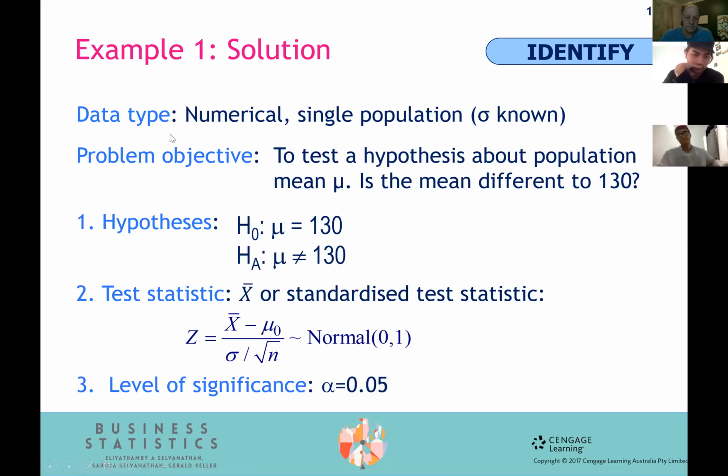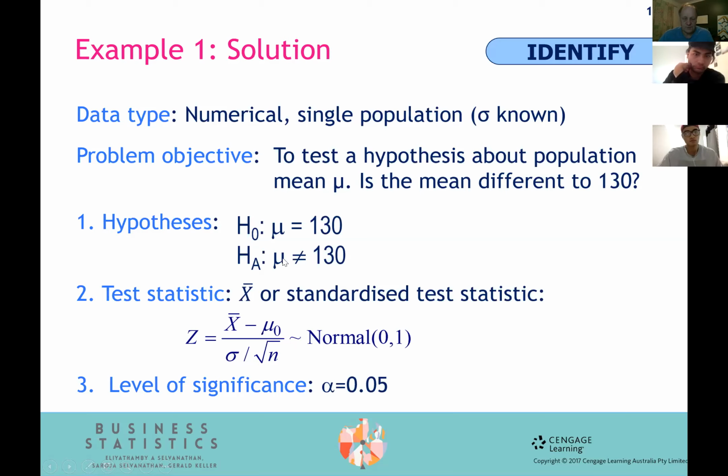We start off: data type numerical, single population, and sigma is known, or the variation is known. To test the hypothesis whether the population mean mu is different to 130.